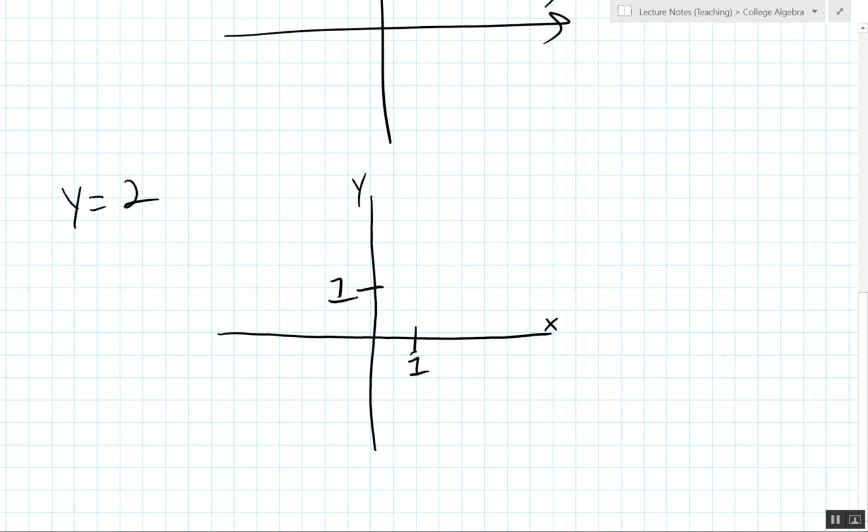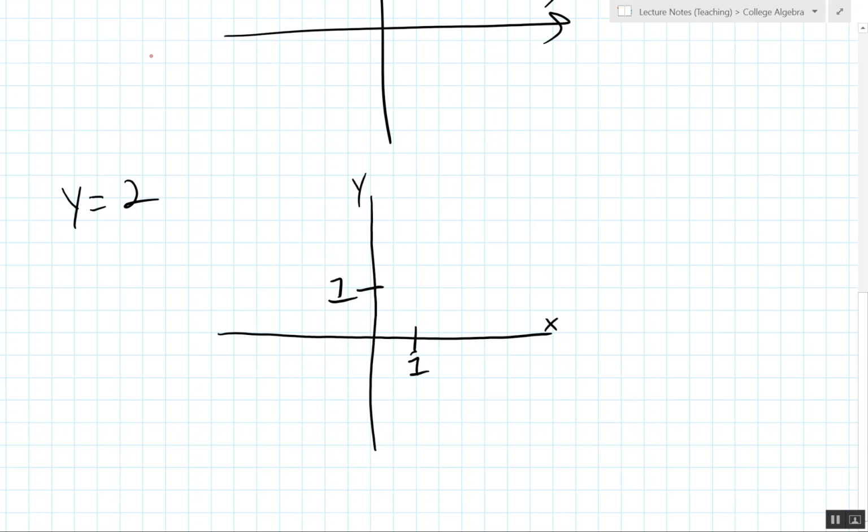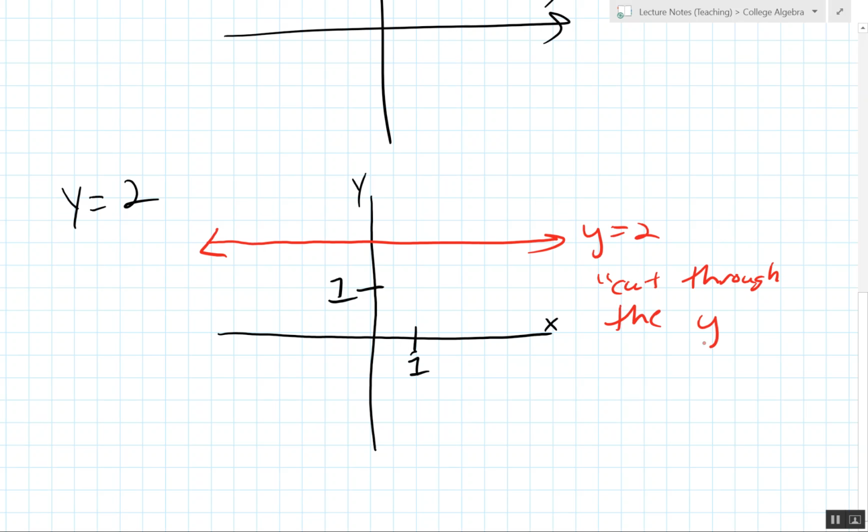So my equation y equals 2 is going to cut through the y-axis at 2, and it's a horizontal line, so it looks like this. Y equals 2, so it cuts through the y-axis at (0, 2), where the y-coordinate is 2.